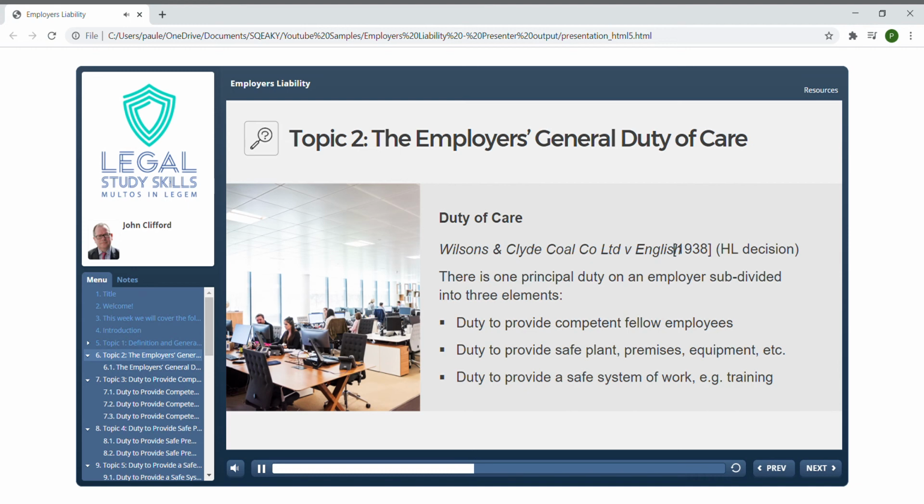He was crushed by one of the little coal trains they had down there. Now, in this case, the House of Lords gave the duty, principally Lord Wright. He described it as one single duty on an employer towards all their employees. As I said, subsequent to that case, it's been subdivided into the three elements I mentioned a bit earlier: the duty to provide competent fellow employees.